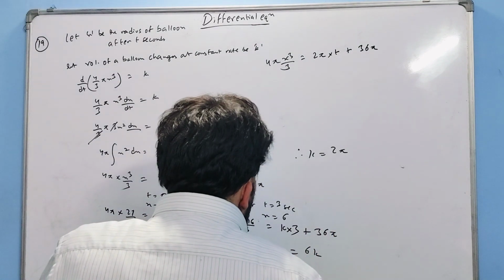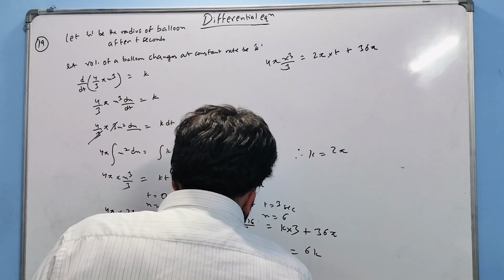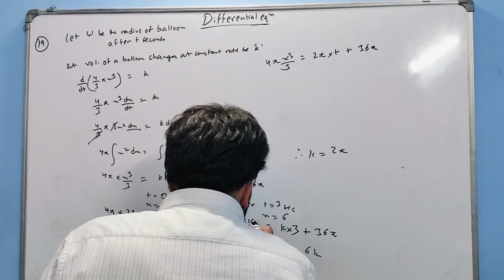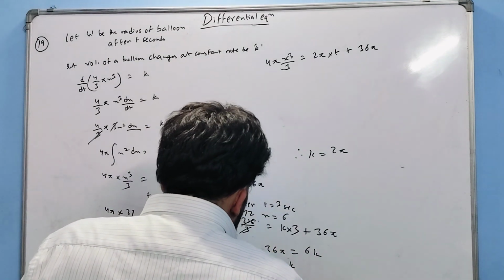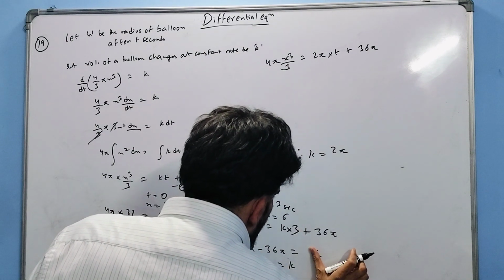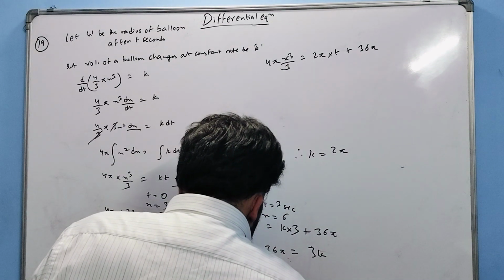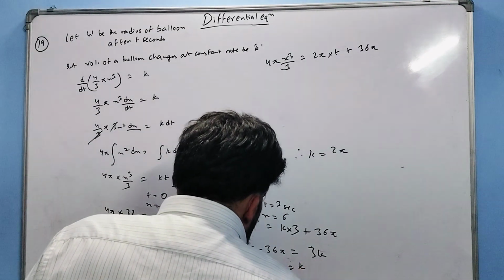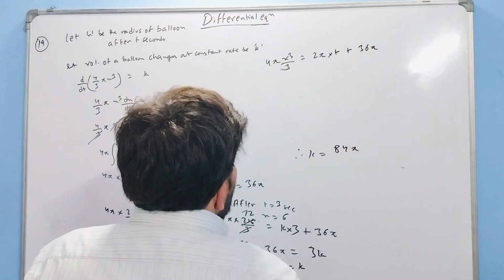Now if I solve this, I got 288 upon 3, because I have just solved this. 288 pi minus 36 pi is equal to, I have the value 3. So now I got pi upon 3 equal to k. So I got 84 pi. So I got k is equal to 84 pi.